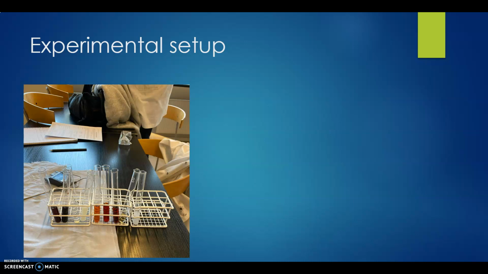We also had our standard solution to compare it with the other ones on a macroscopic level, so that we could see if the color changed, since it's a qualitative experiment.